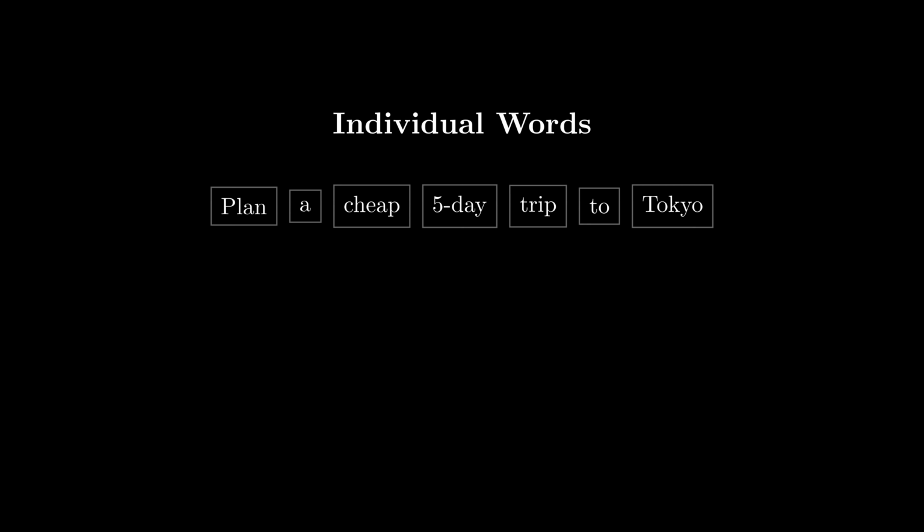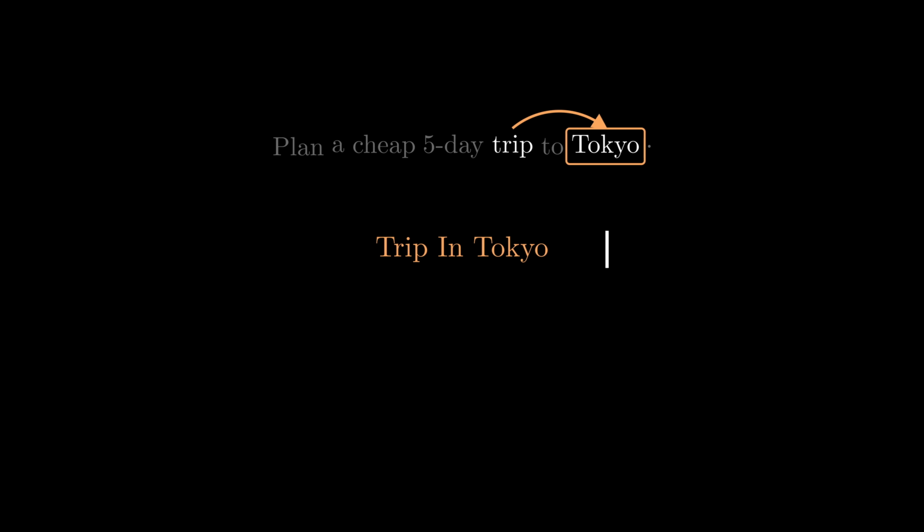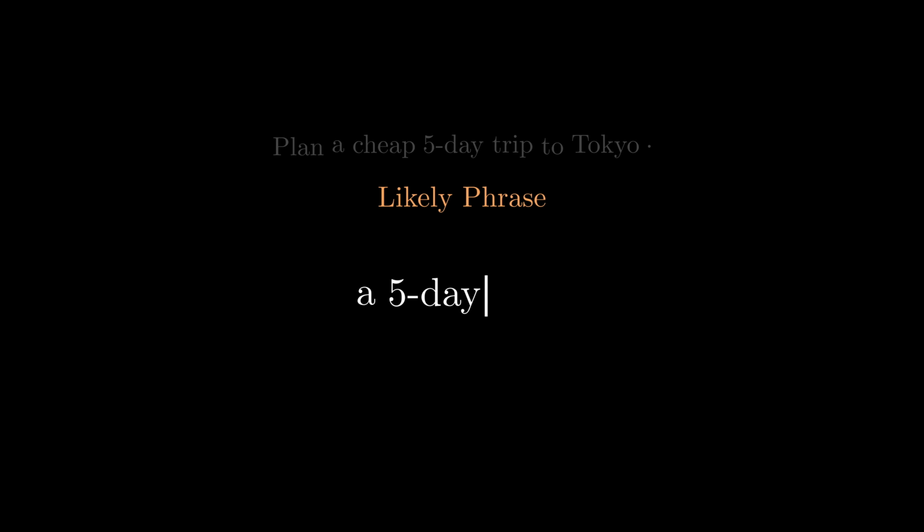Now when all those decisions come together, the model ends up with a clear sense of the sentence. Not only the individual words, but the actual context of the sentence. And that understanding is what it uses to predict the next word. So when the model starts generating a response, it already knows this is about a trip in Tokyo with some constraint like cost or duration, and in that context, a phrase like a 5-day plan becomes very likely.